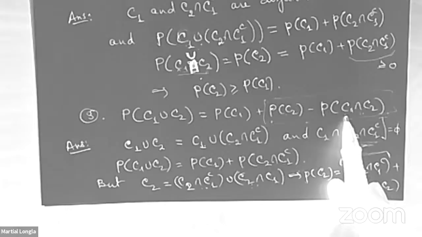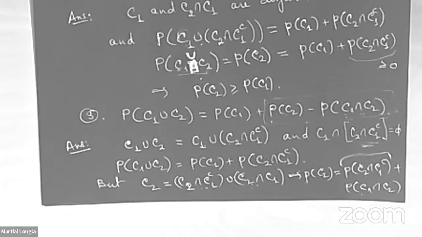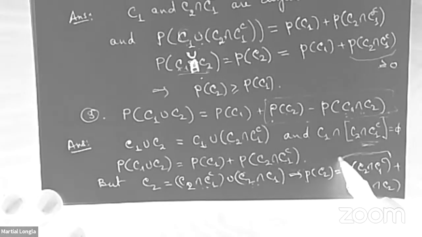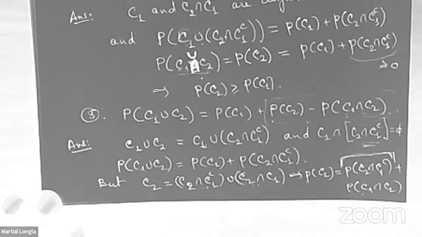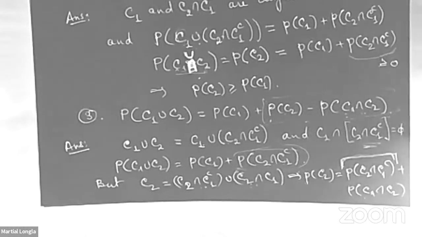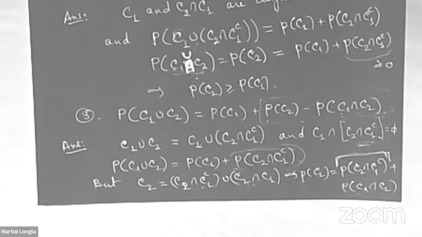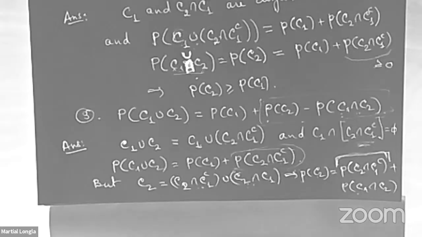Does that make sense? So we solve for this, and we replace in this formula. And that's P of C1 plus P of C2 minus P of C1 and C2. Let me do that here. Running out of space, but I can do it.